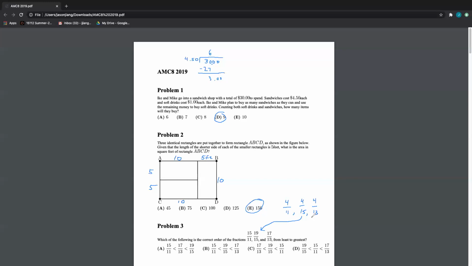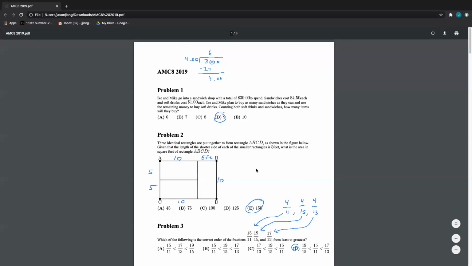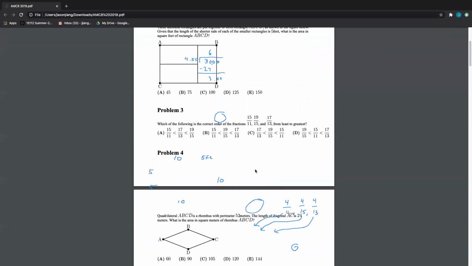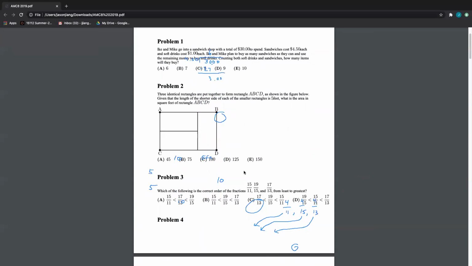And then similarly, 4 over 13 is the next smallest. And finally, 4 over 11 is the largest. So we pick D as our answer. Oh, one of the answers got cut off, but D was the answer.